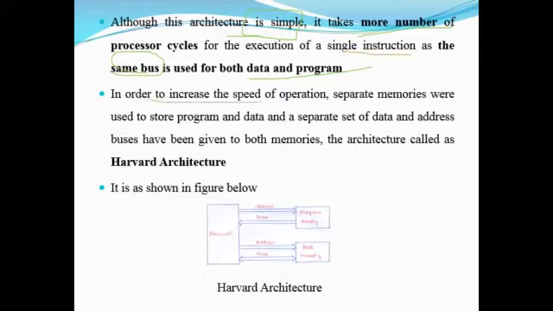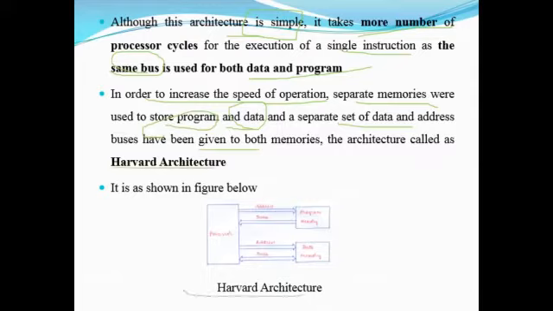So what has to be done in order to increase the speed of operation? In order to increase the speed of operation, separate memories are required. One is to store a program, the other is to store data. So we require separate buses for data and address lines. That is, we use an architecture which is termed the Harvard architecture.